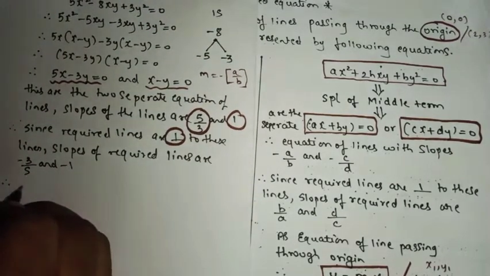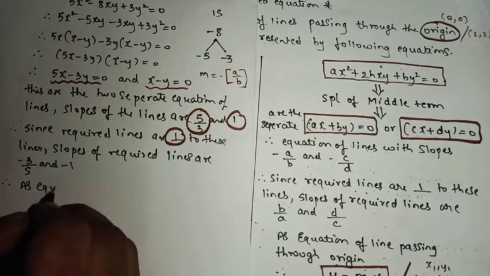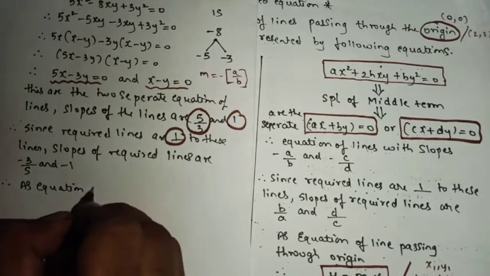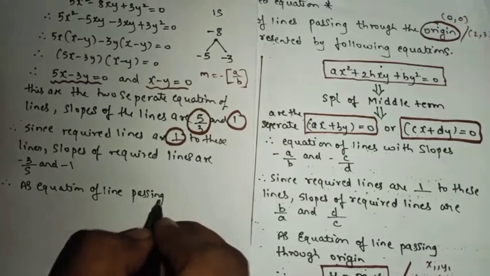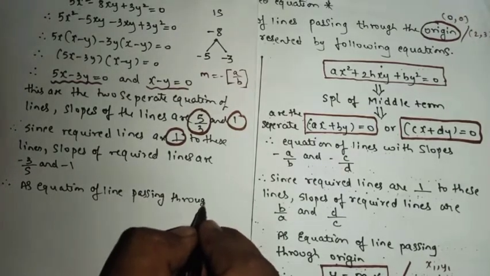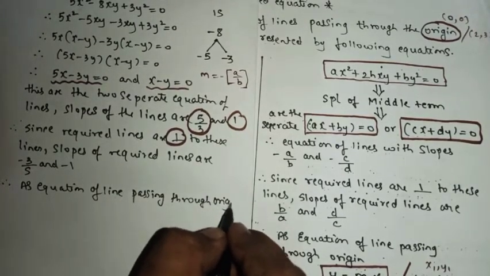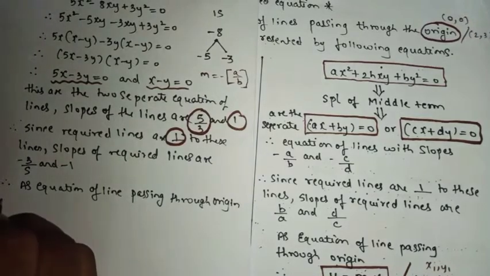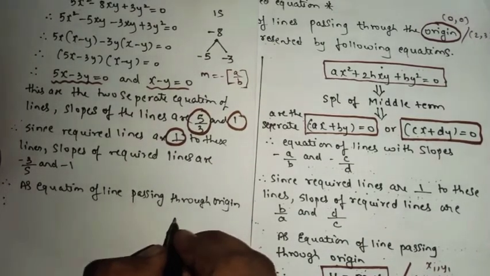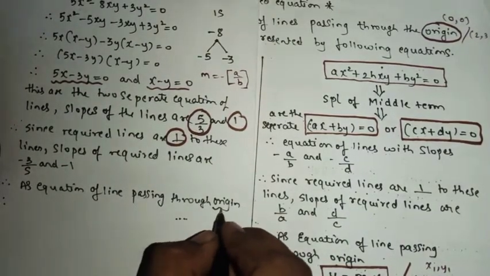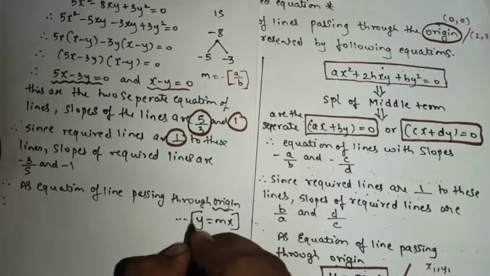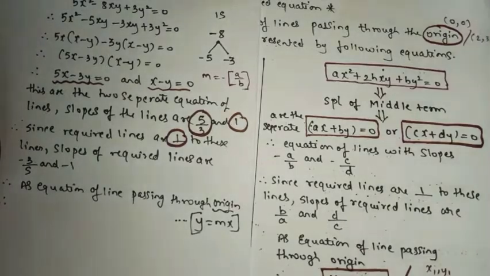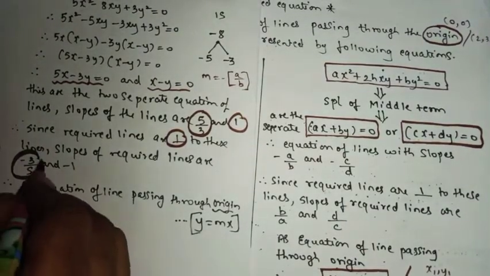Now, the equation of a line passing through the origin, that means 0 comma 0. Okay. So what is the equation of a line when it is passing through the origin? It is y equal to mx. So apply this formula two times because here we have two slopes.